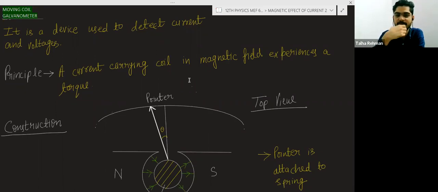The principle is based on a current carrying coil placed in a magnetic field experiencing a torque. We have discussed this. Whenever you place a current carrying coil in a magnetic field, there will be a torque on the coil, and we use that principle for the moving coil galvanometer.